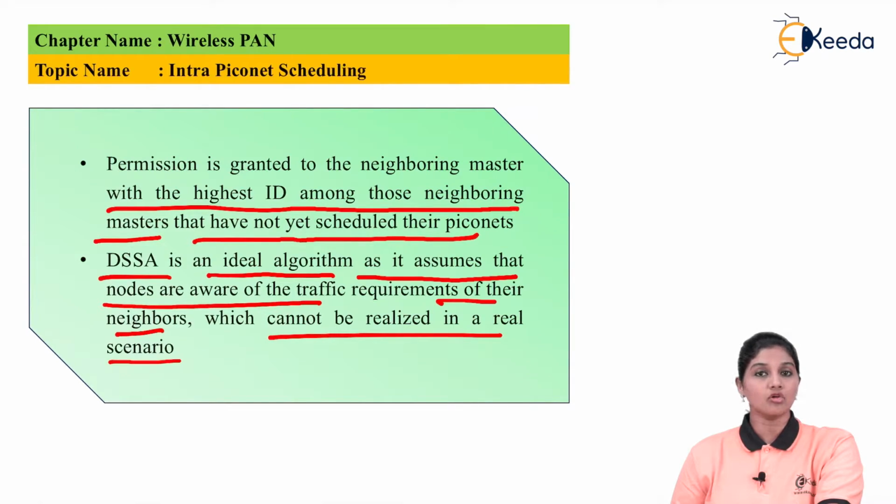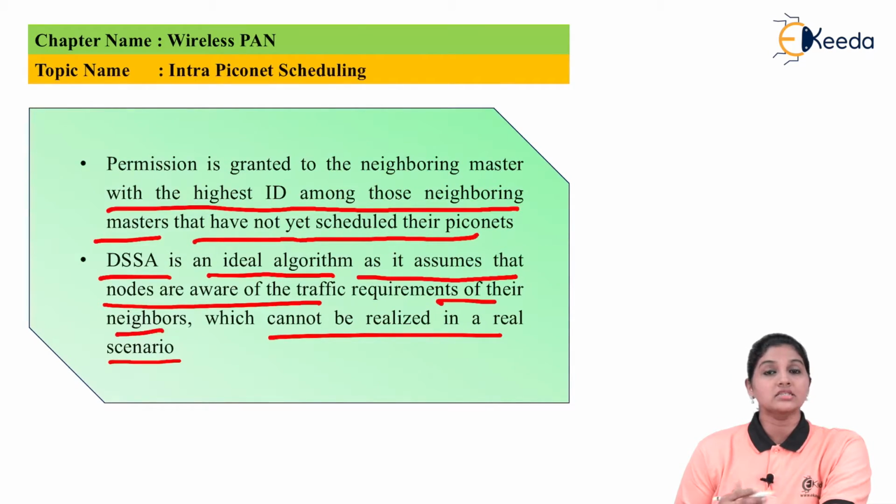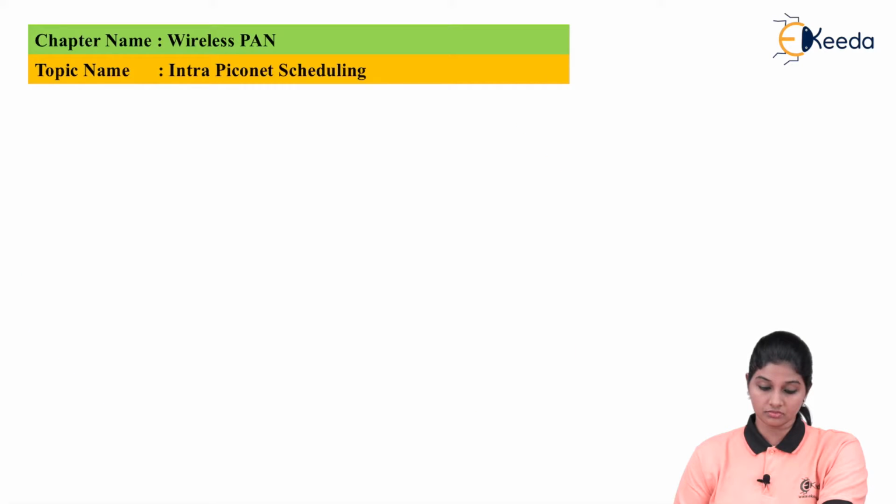Practically, it is not possible for nodes to be aware of the traffic requirements and IDs of neighbor nodes. As the traffic requirement changes after every operation, it is not possible for neighboring nodes to be aware of it. So this scenario is not practically possible.